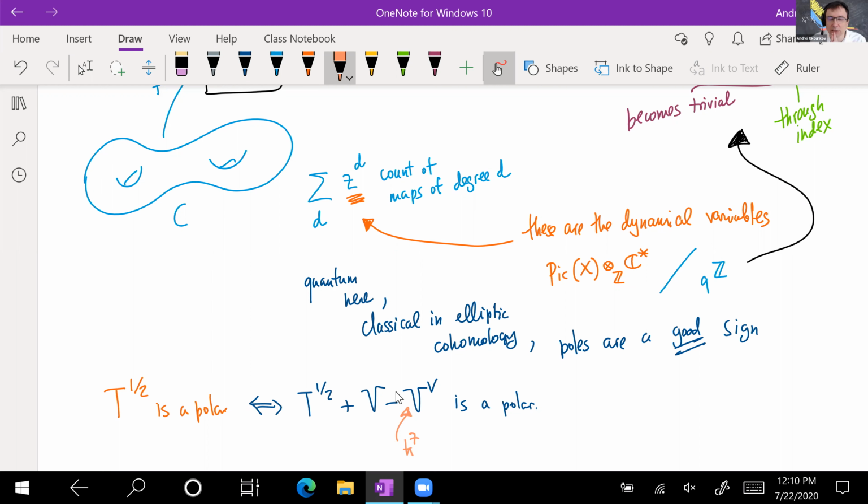A polarization is like choosing an origin in some plane or in some vector space, and if you choose a different polarization, you choose a different origin. Okay, thank you. Good. Other questions?